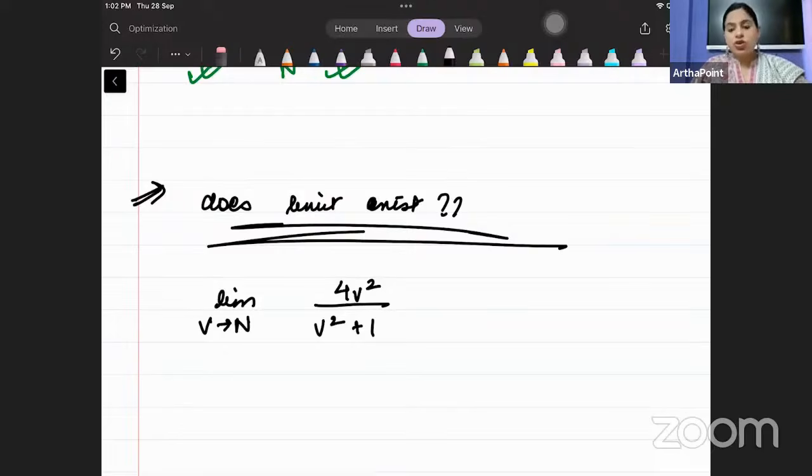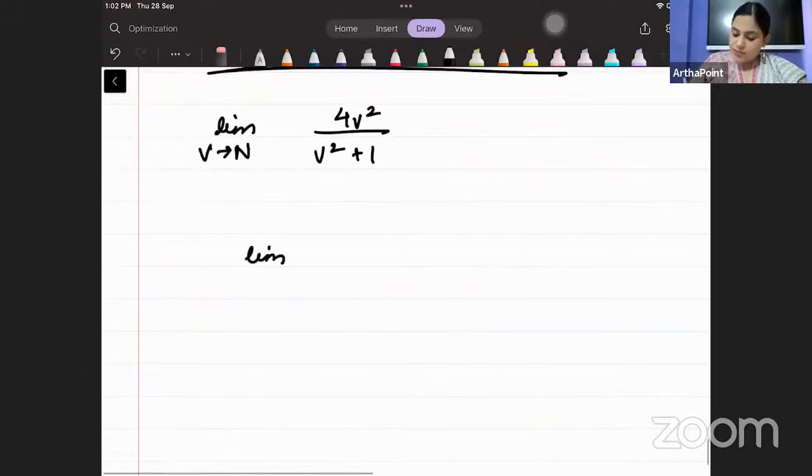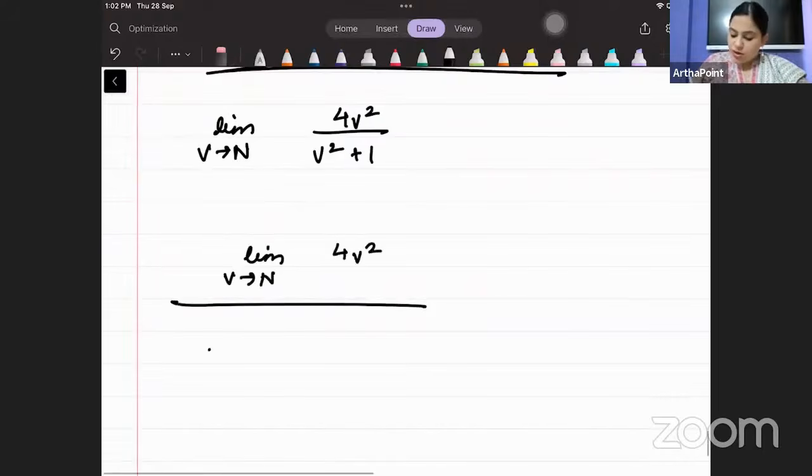Can I apply the quotient rule here? हाँ, limits में हमने अभी quotient rule सीखा है. What does the quotient rule in limit say? That limit can distribute separately to the numerator and to the denominator. तो separately हम distribute कर देते हैं. So limit v tends to n 4v square upon limit v tends to n v square plus 1.